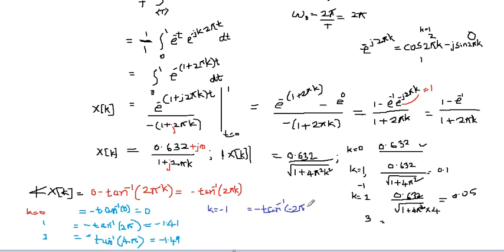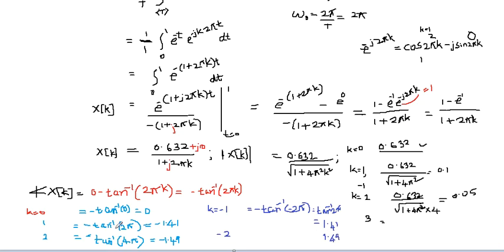So minus 1 will make it minus 2 pi. So tan inverse of minus theta is minus theta, which will make this one tan inverse of just 2 pi. And it will take the same values, but with the other sign. So tan inverse of 2 pi would be 1.41, but it is positive. Similarly, for k equal to minus 2, it would be plus 1.49.